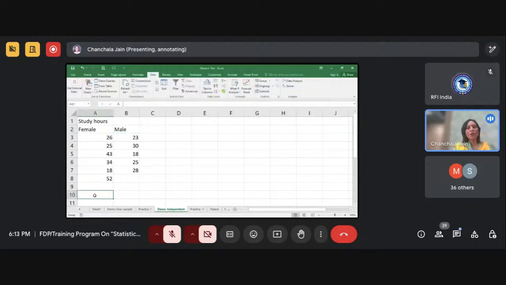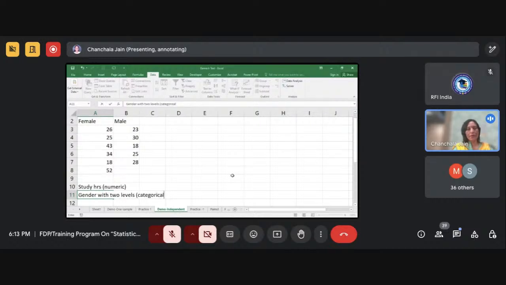According to the requirements of the independent samples t-test, you can find here we have the study hours, which is the numeric variable, and we have the gender with two groups or levels, which is your categorical variable.